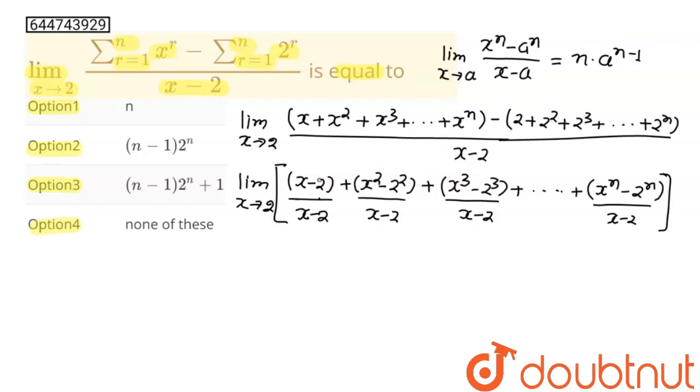Okay, so this value will be 1, plus here n is 2, so 2 into 2 to the power 1, plus here n is 3, so 3 into 2 square, plus 4 into 2 cube, and the last term will be n into 2 to the power n minus 1.